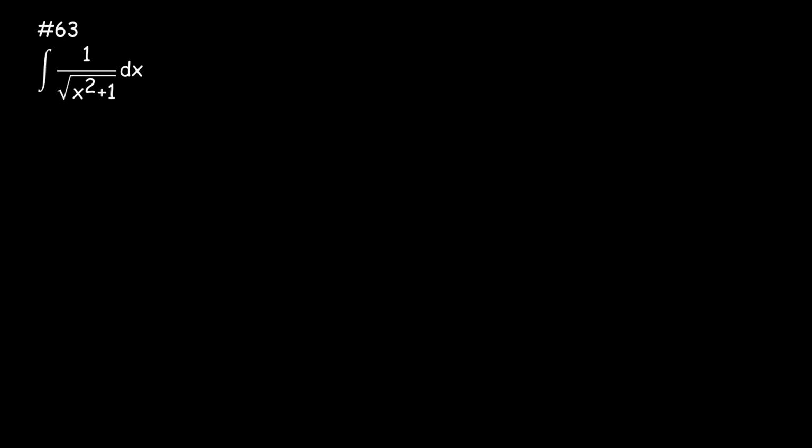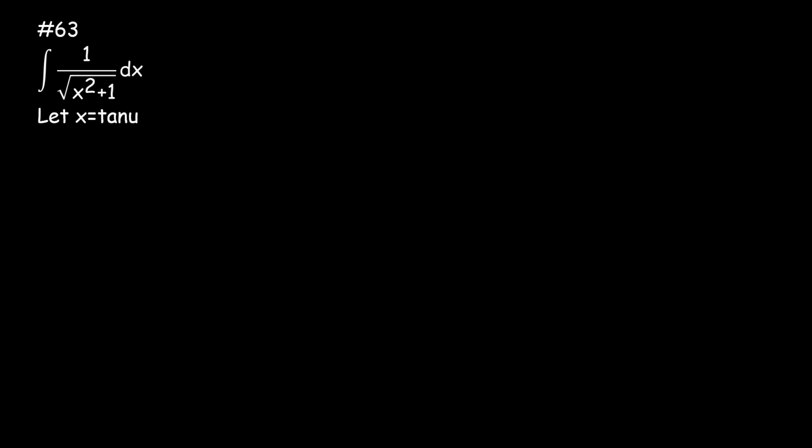Question 63. Integral of 1 over x squared plus 1. When I see x squared plus 1, it gives me the idea of sec squared x, but let's see how that goes. In this case, we're going to let x be equal to tan u.